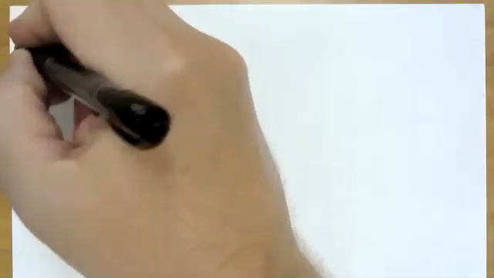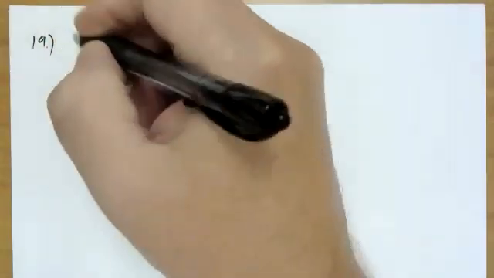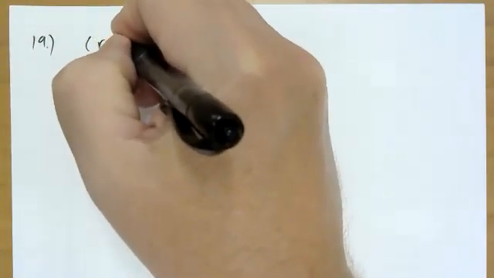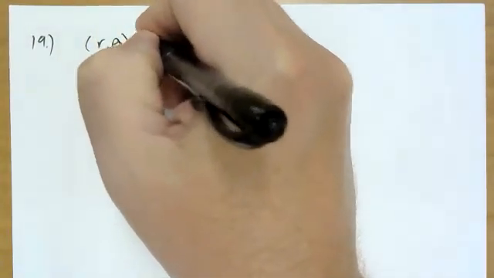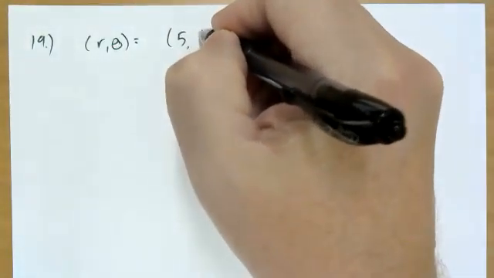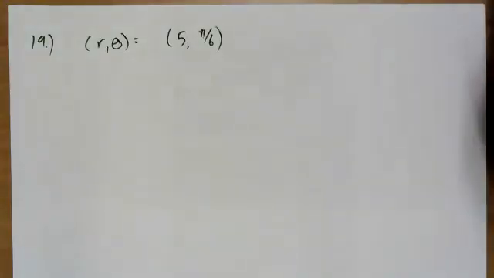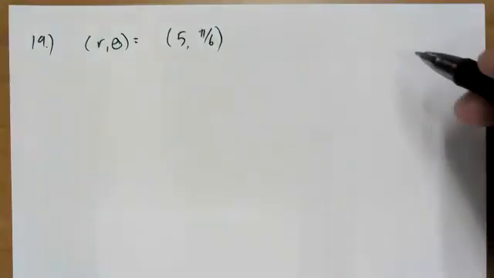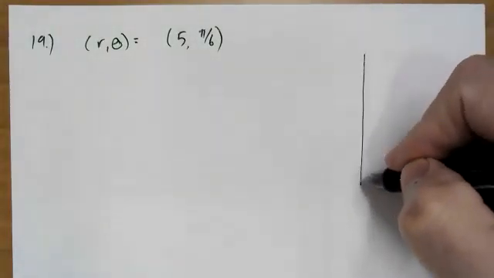Once again, this is not necessarily a teaching video, so you can watch the video on polar coordinates. So this is a problem where they give us a polar coordinate of 5 pi over 6. So I'm going to plot this point as a polar coordinate.